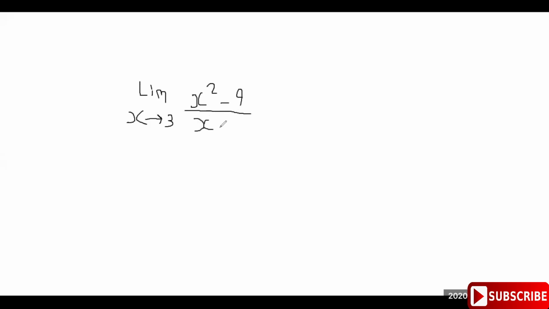Now that x squared minus 9 part, we can write as the limit as x goes to 3 of x squared minus 9, which is really x minus 3 times x plus 3. We factorize it using the difference of two squares.